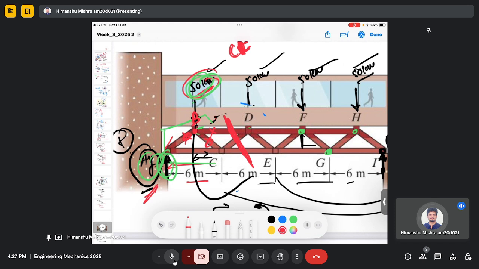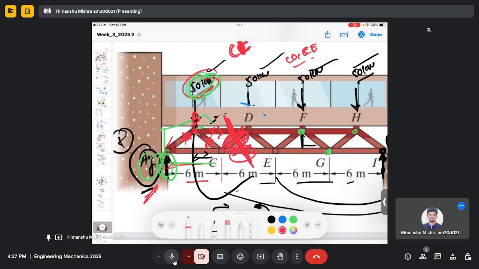The thing is, if I take the moment along point B, the unknown forces are in these members. I have to use this force also, the force in CD. The force in CD is unknown and the force in CE is also unknown. So both are unknown forces, so I cannot solve from one moment equation.